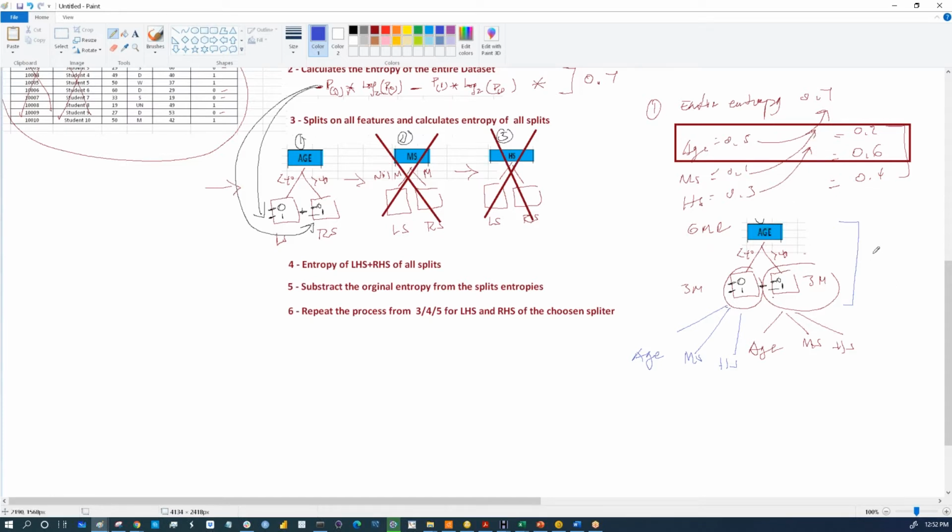So what do we have about the age? We already have the entropy. The entropy of age is the entropy of its left-hand side plus the entropy of the right-hand side.